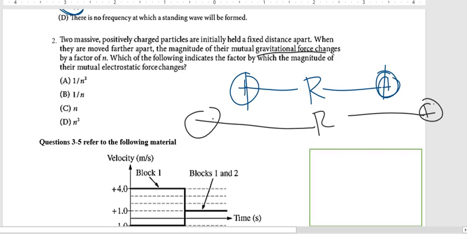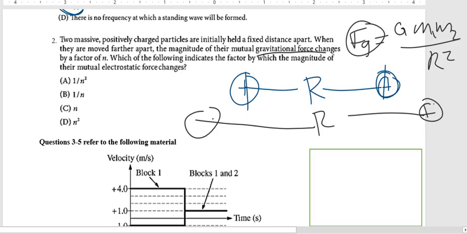Basically I see round stuff and I see gravitational, so I know it's going to be F sub g equals this equation. This is Fg between them, so I'll just look at it from here.